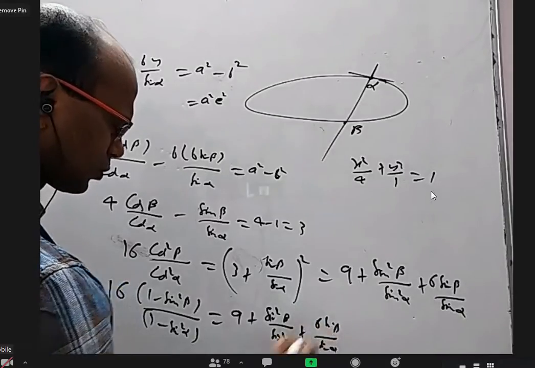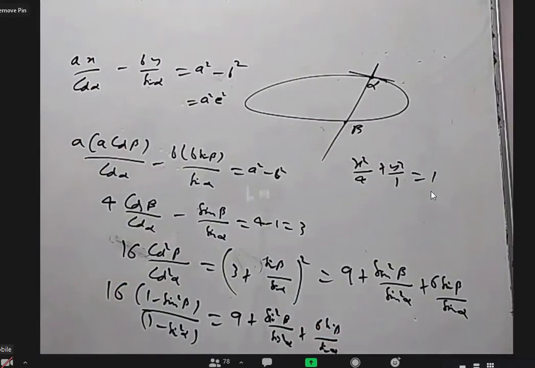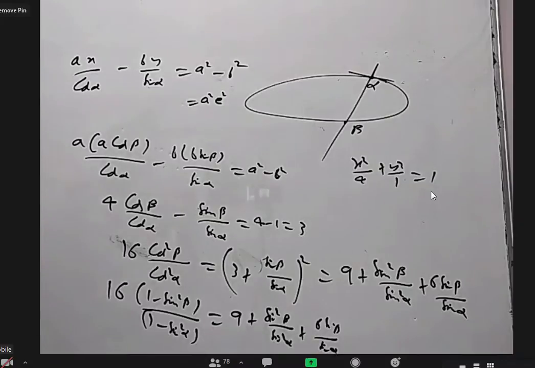There can be other ways to do it because this is a quadratic equation in terms of sin beta, because sin beta is also there, sin square beta is also there. Let me see if I can do something else.